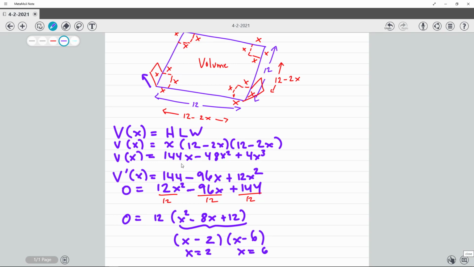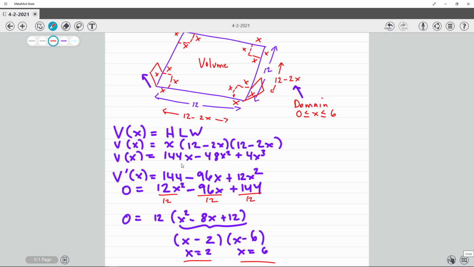Now, one thing you want to go back and look at is, what is the domain? And why do we care? Well, if you plug in x equals 6, then you don't have a side. So we would write the domain in this case like this. How do we know what these values are?